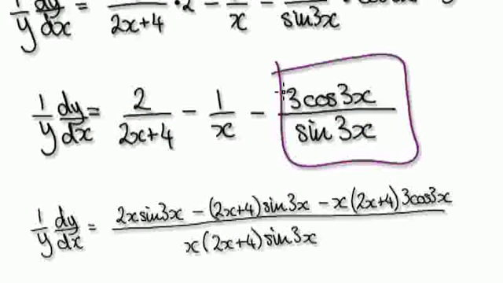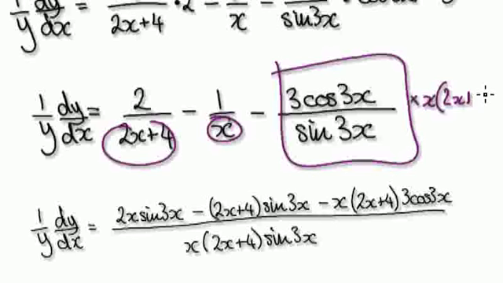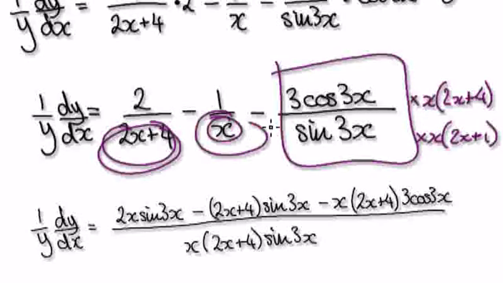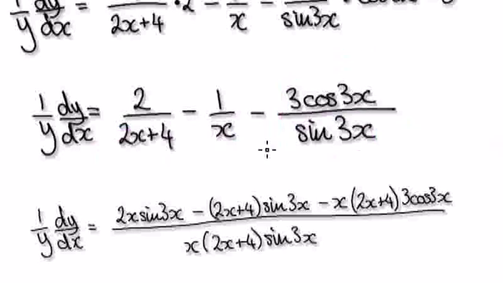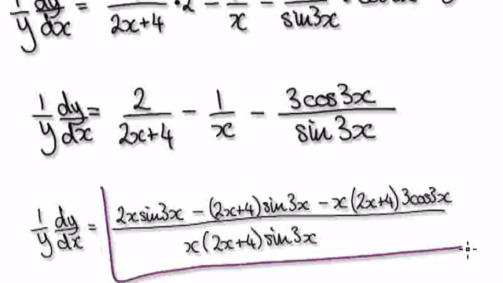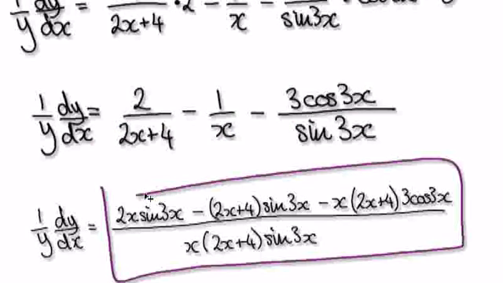And then for this one here, times top and bottom by this and this, meaning x bracket 2x plus 4, and then times the bottom by the same thing. So that will then give you this, and then all the denominators will then be the same, and then you can merge all 3 together, giving you this fraction here.